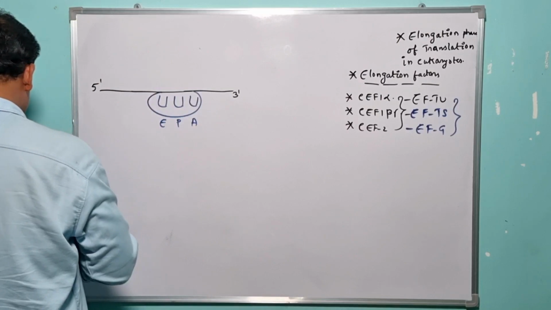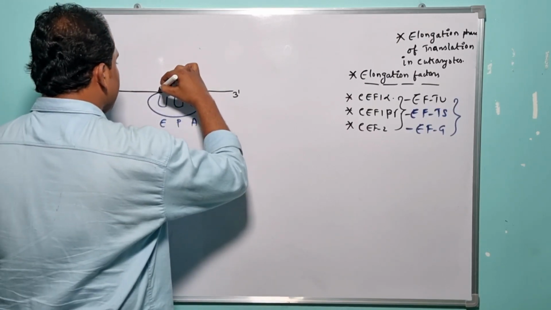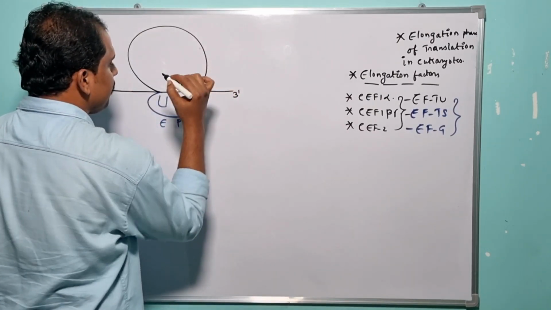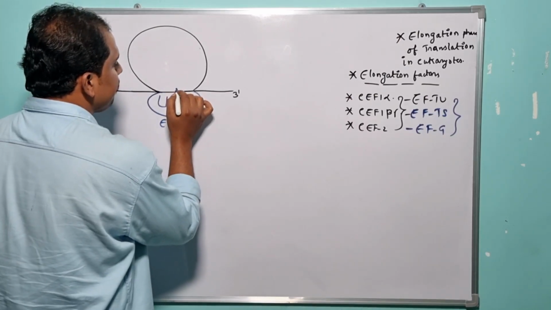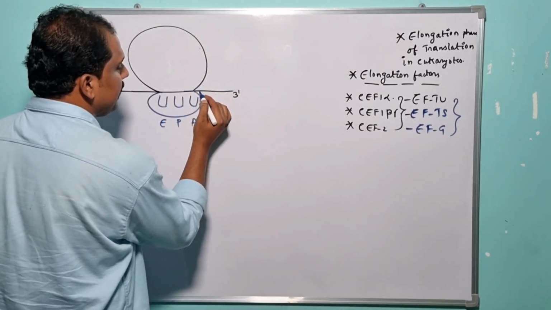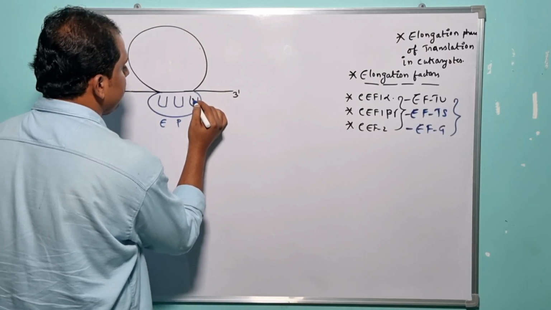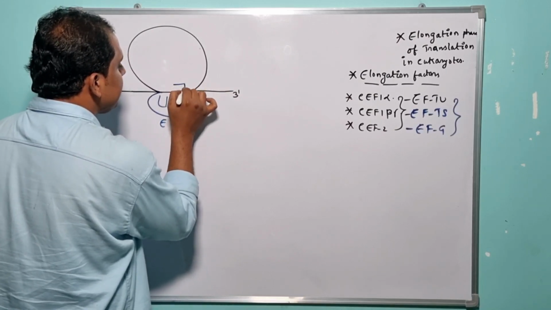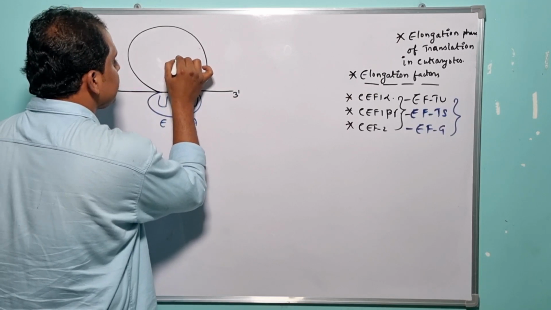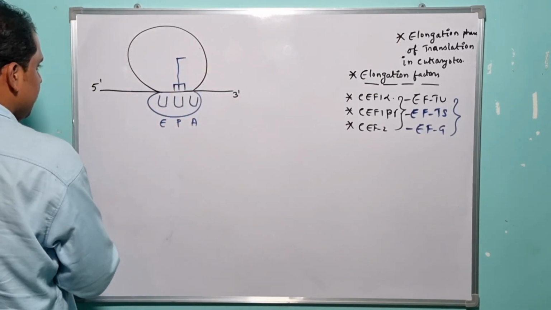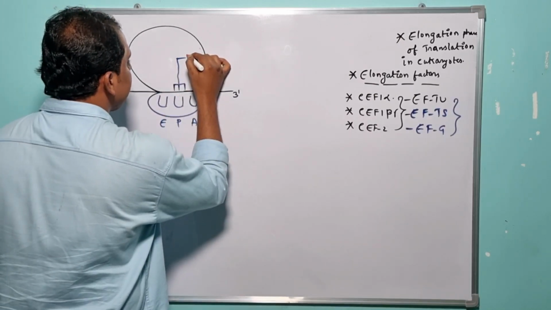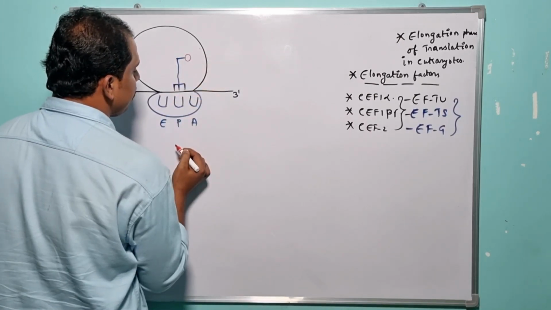The large subunit of the ribosome is also recruited here. And during the initiation phase of translation in eukaryotes, the initiator tRNA with its encoding amino acid was successfully recruited to the P site of the ribosome.